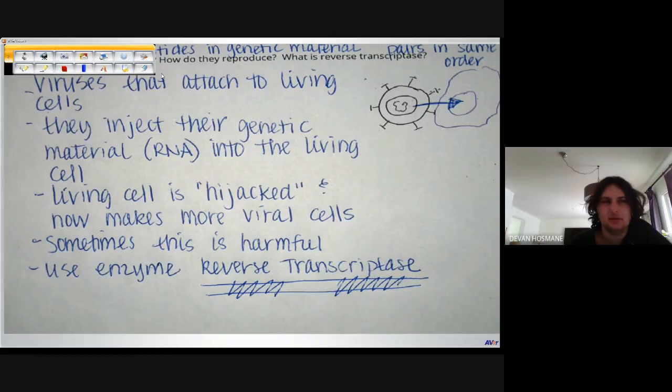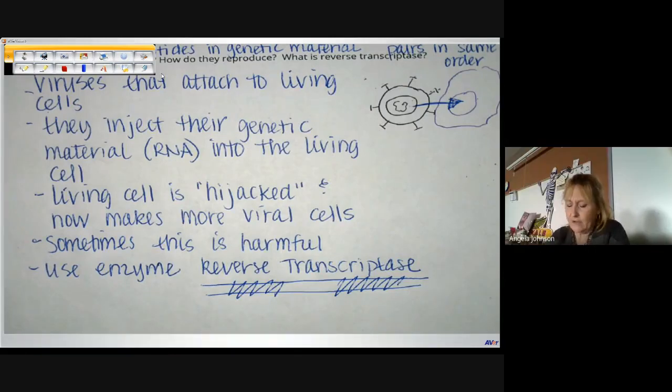Okay, this is confusing. There is a group of RNA viruses that insert DNA into the genome. So that really makes no sense. Why are they called RNA viruses? It uses RNA as its genetic material.